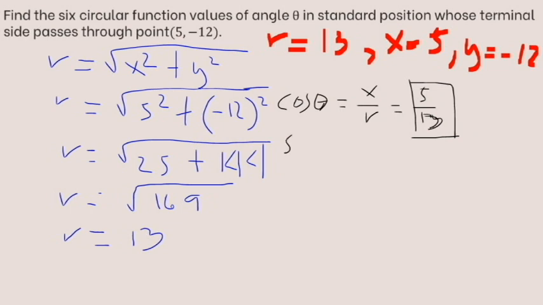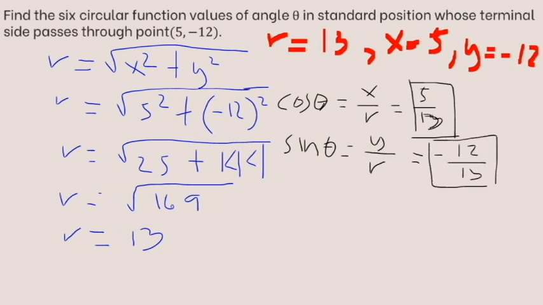Next is sine. For sine theta, it is y over r. Our y is negative 12 and our r is 13. Therefore, our final answer is negative 12 over 13.